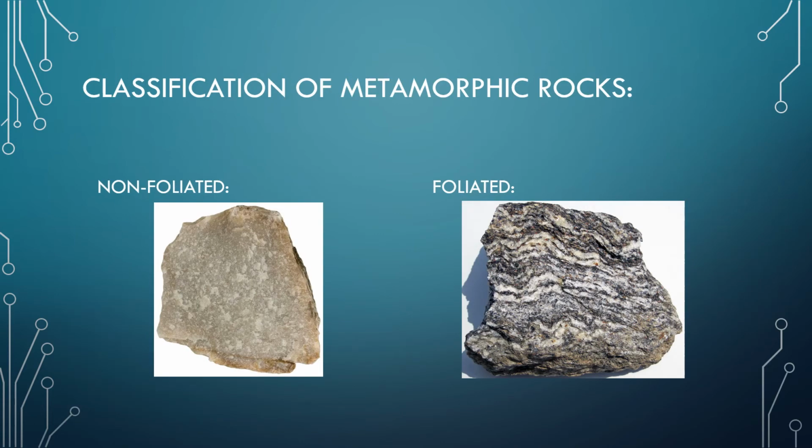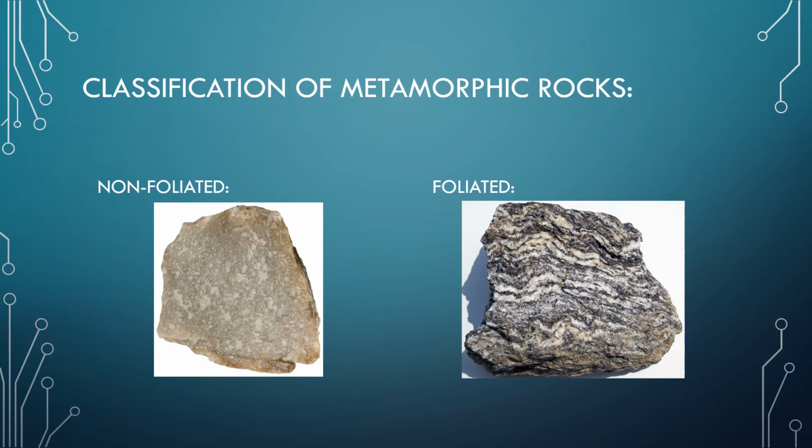So how do we classify metamorphic rocks? There are two ways to classify a metamorphic rock. The first is texture and the second is mineral composition. As mentioned earlier, pressure plays a role in the texture of the rock. A metamorphic rock can either be foliated or non-foliated.